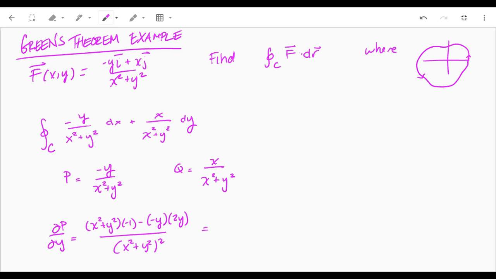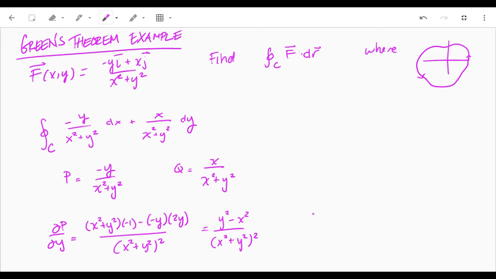So we have negative x squared minus y squared plus 2y squared, so we're going to have y squared minus x squared over (x squared plus y squared) squared. Again, that doesn't exist at the origin.